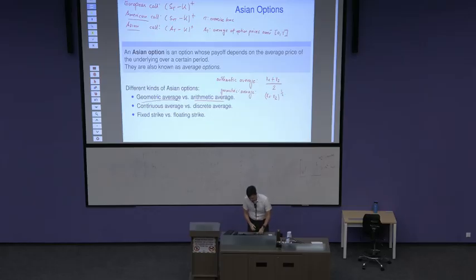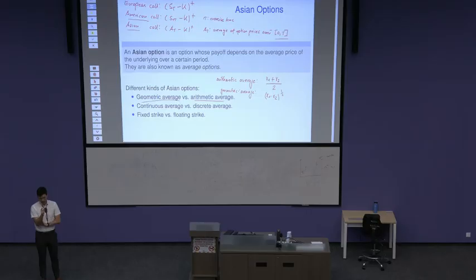So this means you would, I don't know, consider a time period over 1 month, and every day you would consider some asset value, and then you would have 30 observations and compute the average value. This would be a discrete average. In contrast, if you increase the frequency, and let's say you go over to every hour, every minute, every microsecond, and so on, you would consider something like the continuous average in the limit.